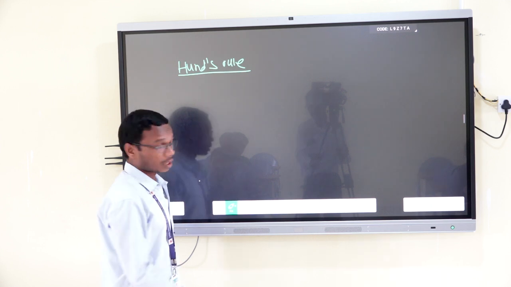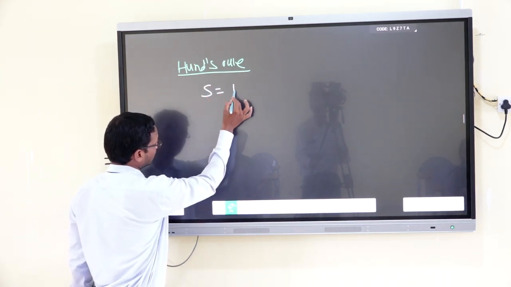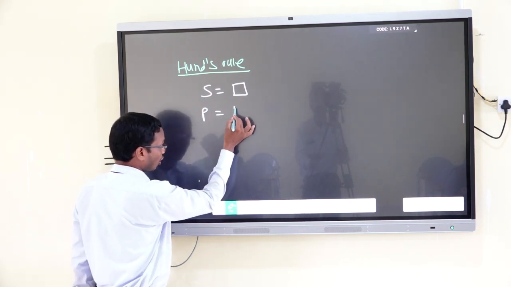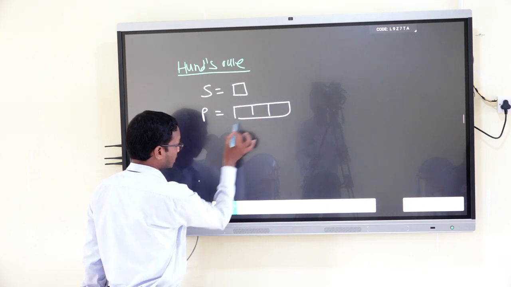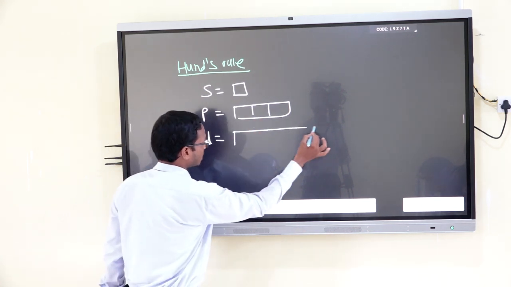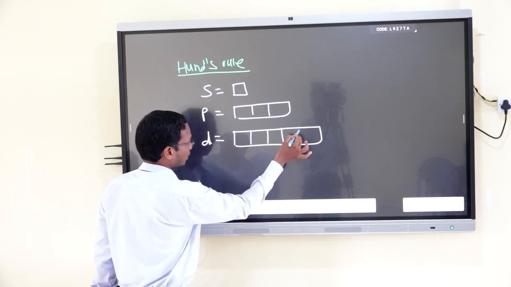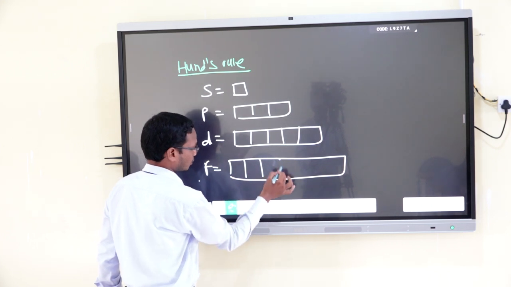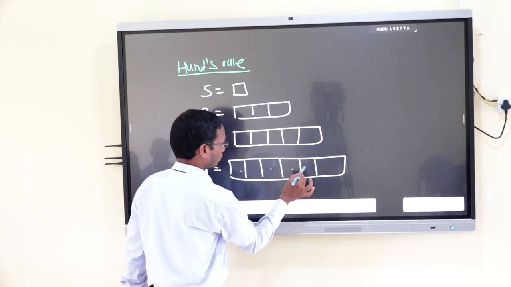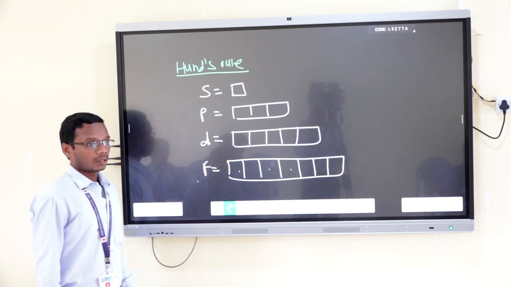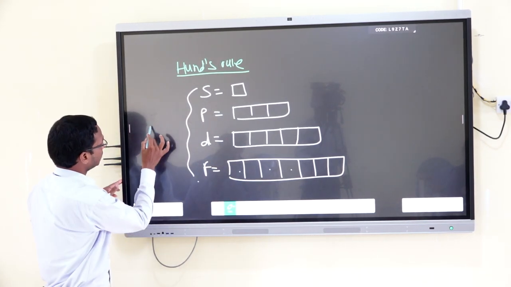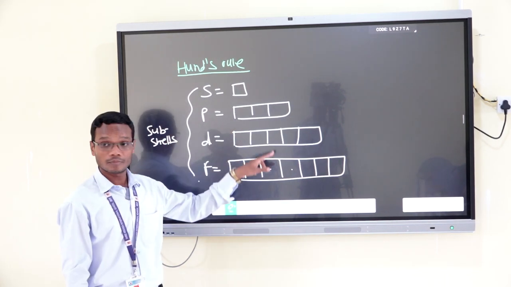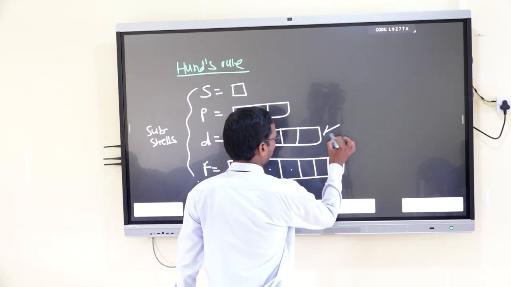Again, from quantum numbers, you know the s subshell has 1 orbital, the p subshell has 3 orbitals, the d subshell has 5 orbitals, and the f subshell has 7 orbitals: 1, 2, 3, 4, 5, 6, and 7. These are s, p, d, f subshells, and these are the numbers of orbitals.